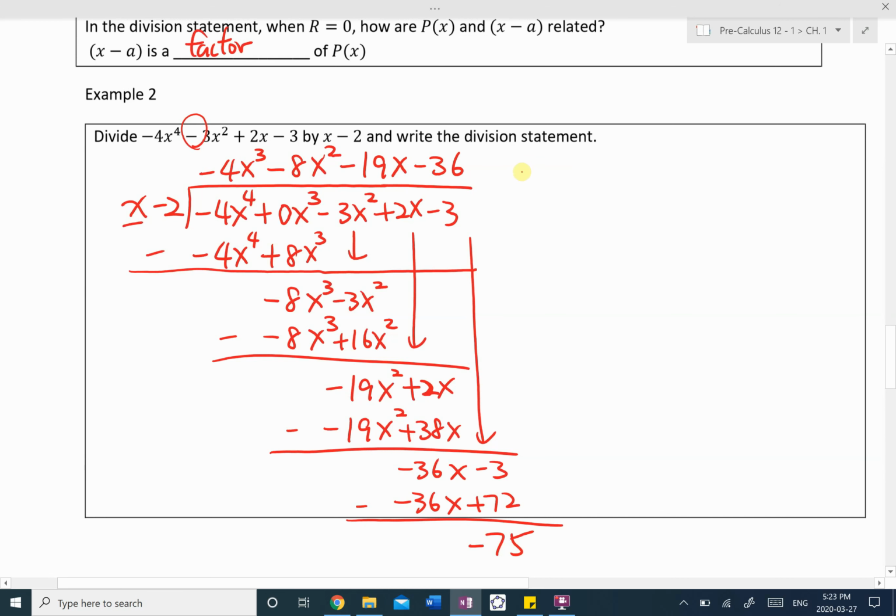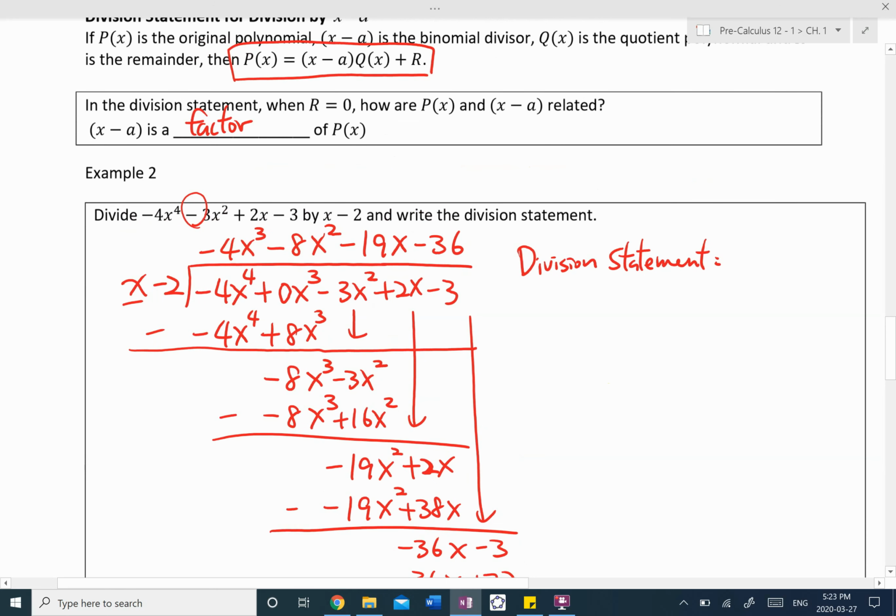So our division statement would be, sorry, it would be our p of x, negative 4x to the 4 minus 3x squared plus 2x minus 3. Notice I did not write down 0x cubed here. You don't have to.